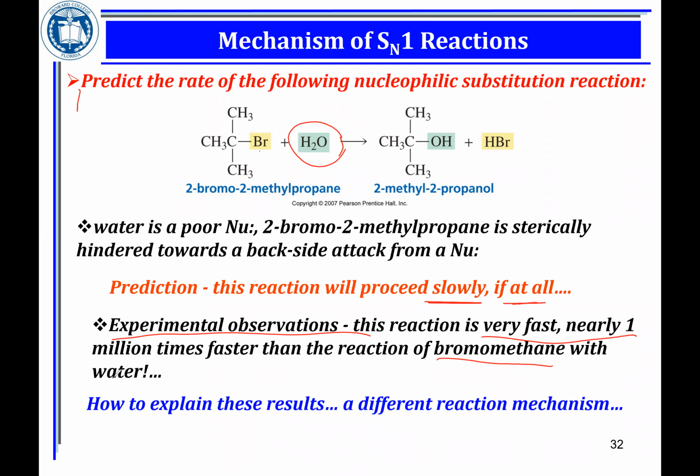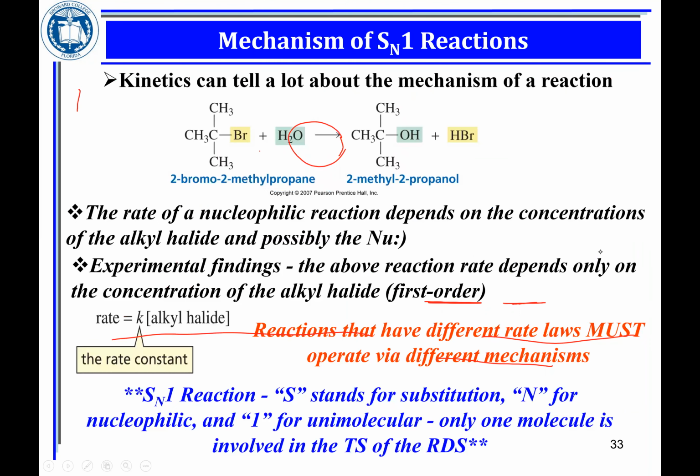So if the reaction takes place and it doesn't follow the same characteristics as SN2, it must follow a different mechanism.